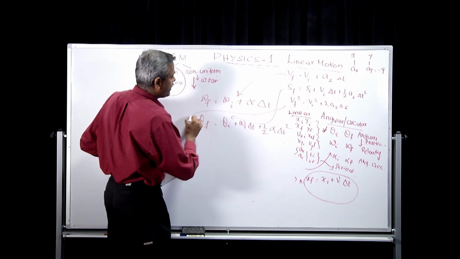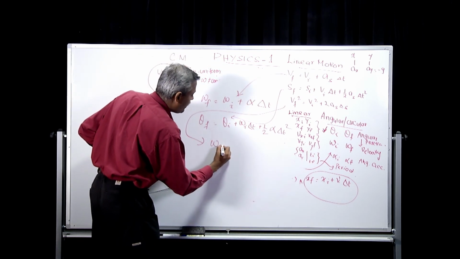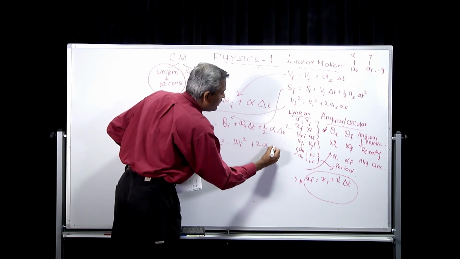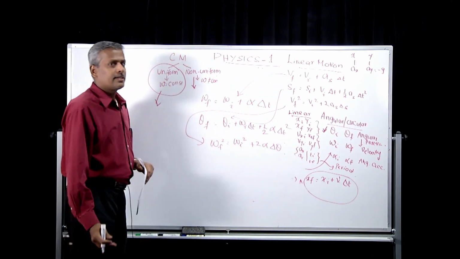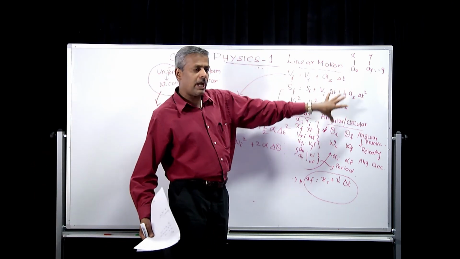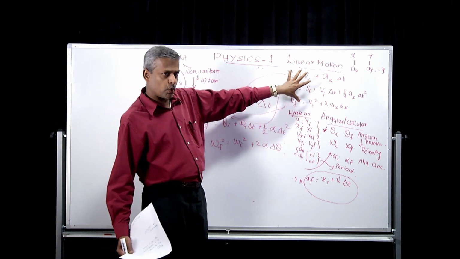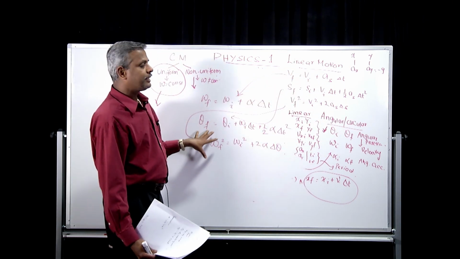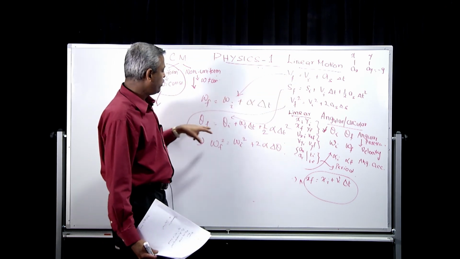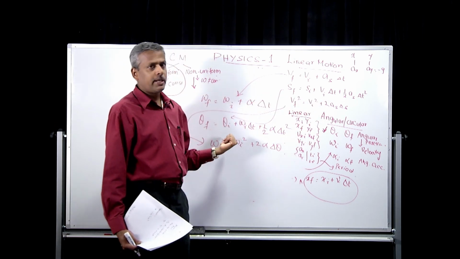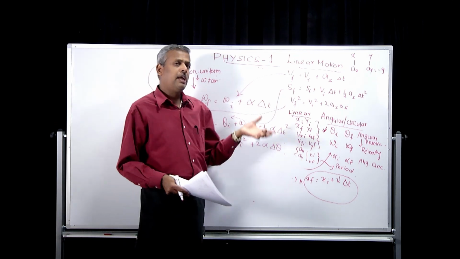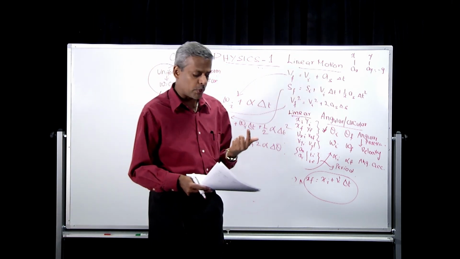Let us write this equation: omega final squared is omega initial squared plus 2 alpha delta theta. That is it, your problem is solved. You did a lot of problem solving for linear motion; all I did was translate with different symbols. Instead of v I use omega, instead of s I use theta, instead of a I use alpha. So you can use all these 3 kinematic equations and solve problems based on circular motion. Thank you.